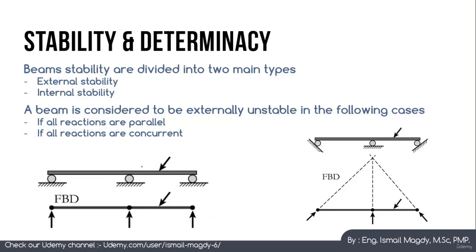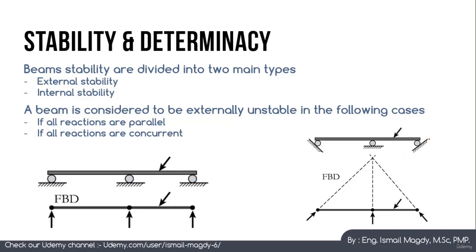So if you check this force here, it has a vertical component and a horizontal component. The vertical component could be resisted by this reaction here, but the horizontal component doesn't have any reaction, which means that the beam will start moving in this direction, of course ignoring the friction between the roller and the beam.